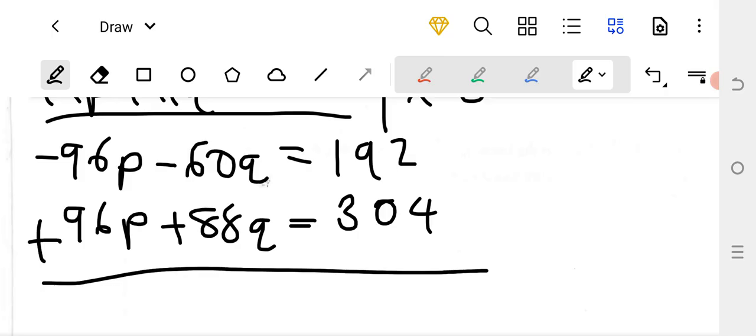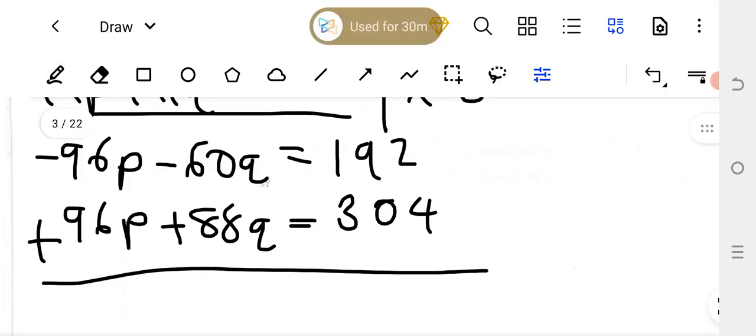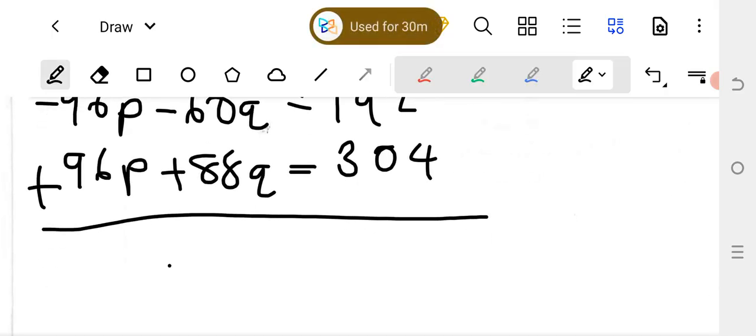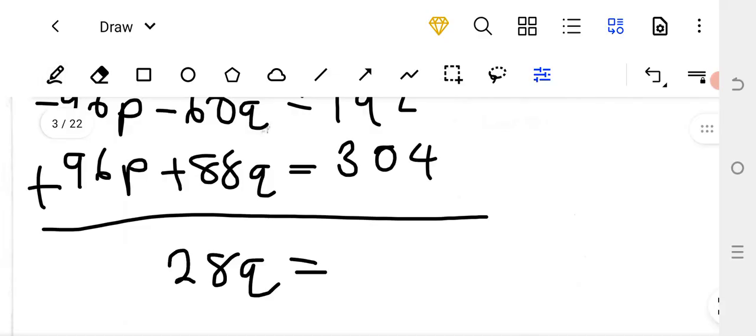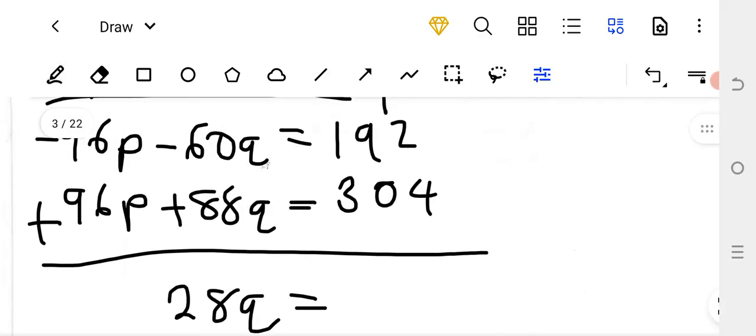with a 28q. 28q is equal to, so you have 28q is equal to what?